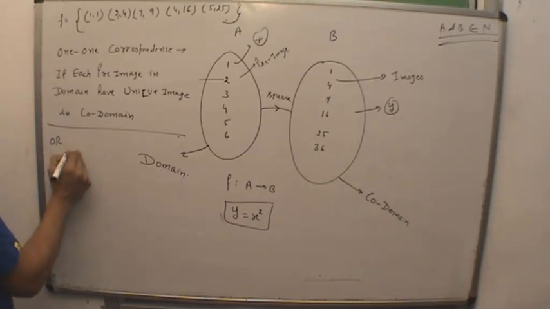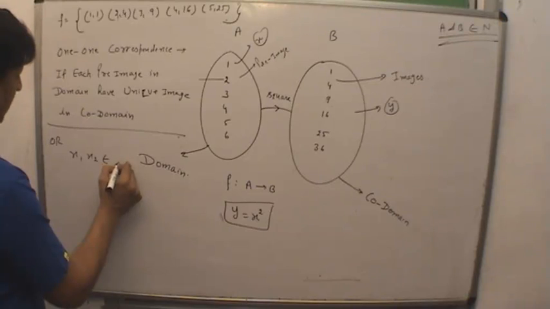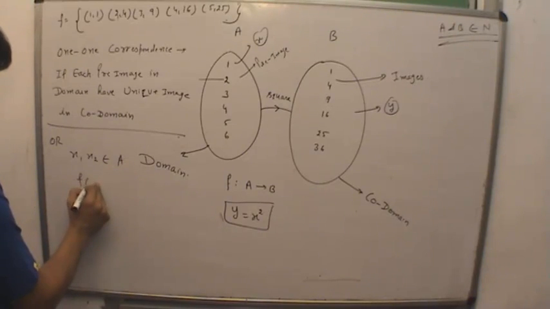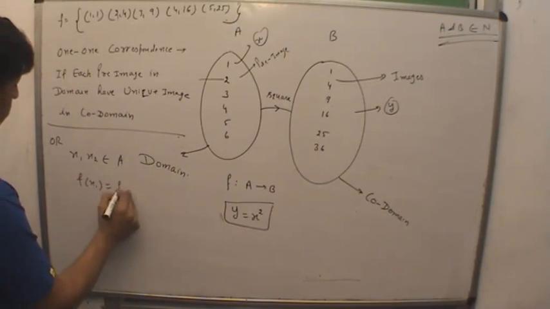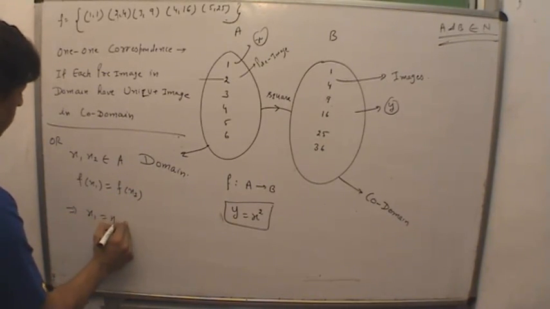Or we can say algebraically, if x1, x2 belong to the given set, say A, and f of x1 is equal to f of x2, this implies x1 must be equal to x2.